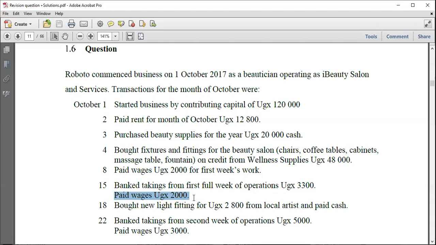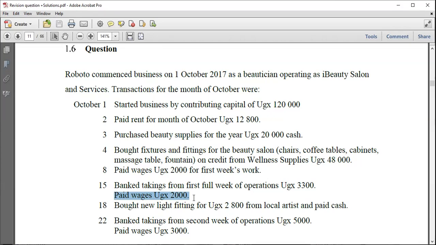Now, a light fitting is very similar to what we've just seen with fixtures and fittings. So this is an asset to the company. If they had bought maybe bulbs, those could be an expense, but this is something we shall capitalize in this case.